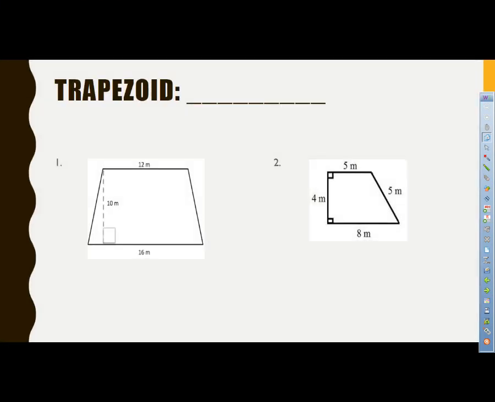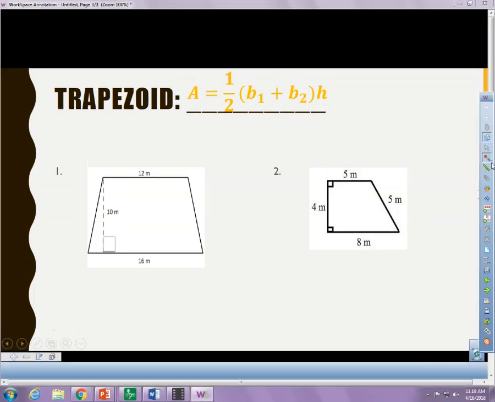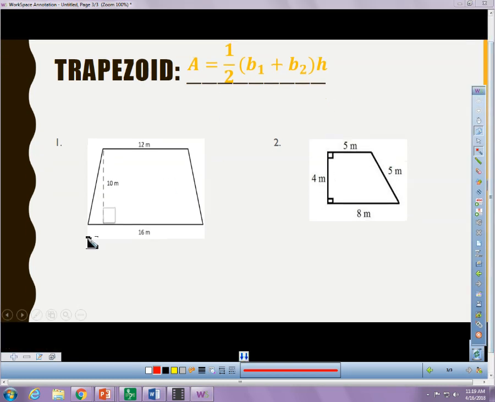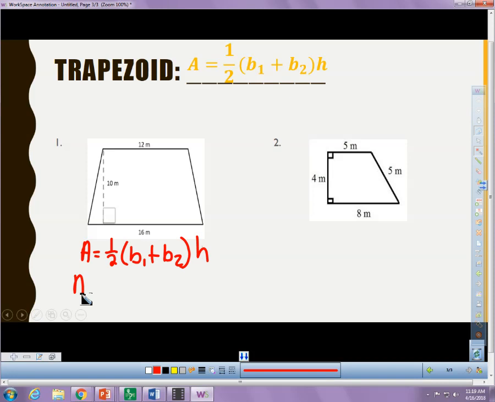And last but not least, the trapezoid. And the trapezoid formula is 1/2 times the base 1 plus base 2 times the height. So we'll write the formula. Base 1 and base 2 are the sides that are parallel.